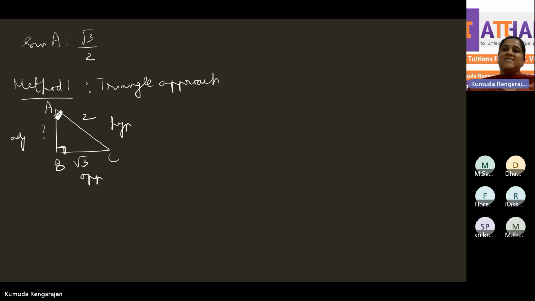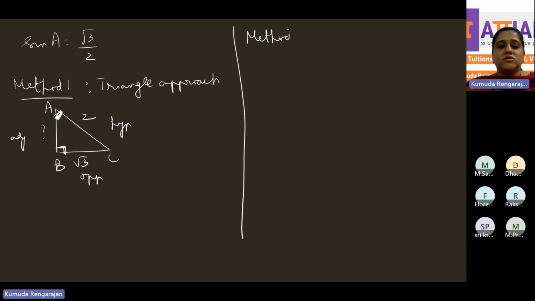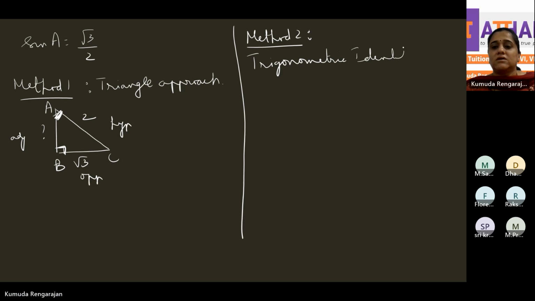Okay. Next, method 2, this also you should do. Trigonometric identity approach. These are the names I'm using.